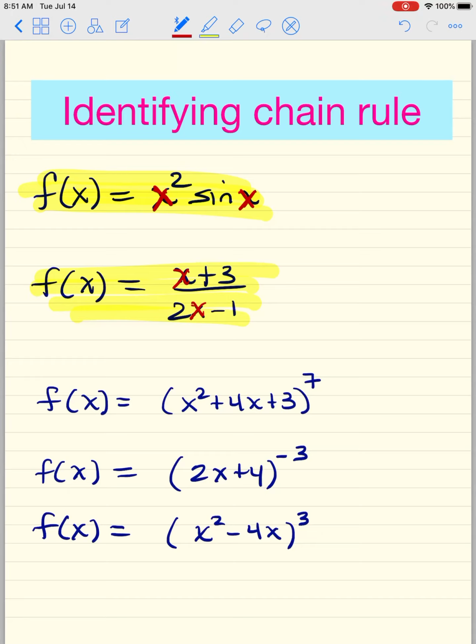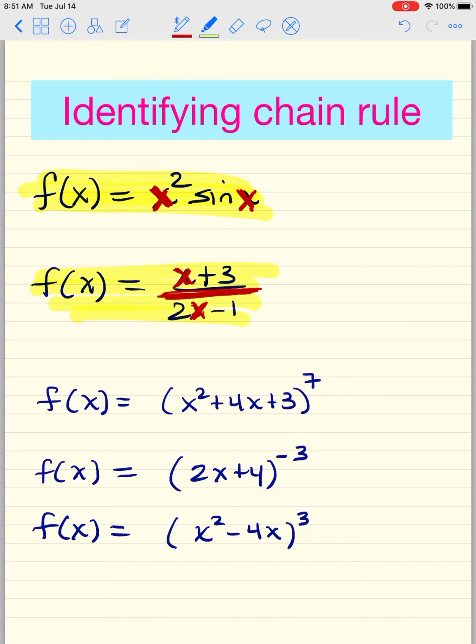But remind yourself, just because it has this line here showing that it's a fraction doesn't always mean that it's going to be a quotient. It's a quotient because there's an x in the numerator and there's an x in the denominator. It's a product because there's an x times an x, okay?